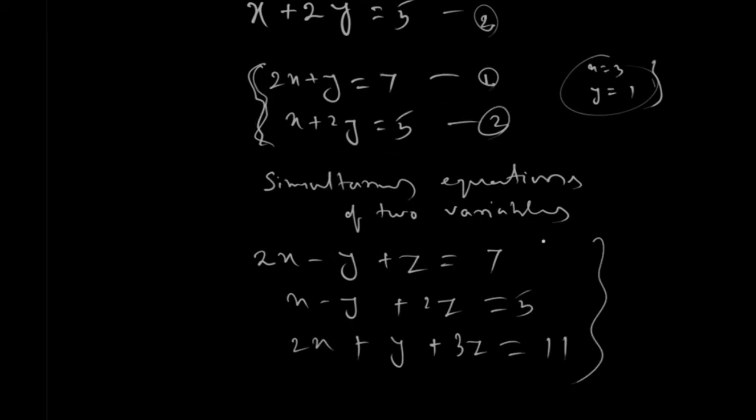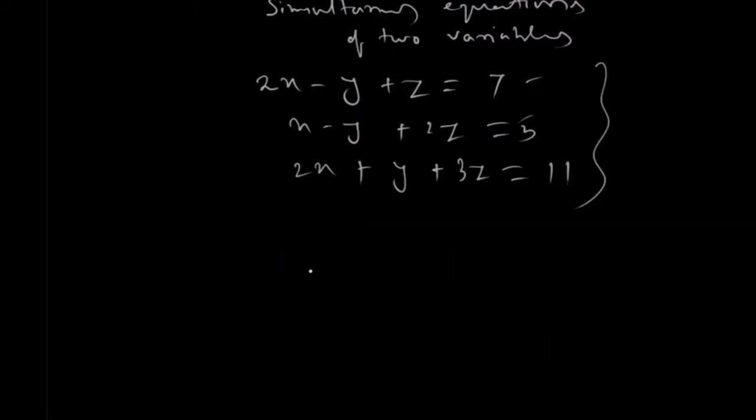And you should know that these equations are called independent equations. Suppose there is a system of equations like this: 2x plus 2y is equal to 8, and x plus y is equal to 4.